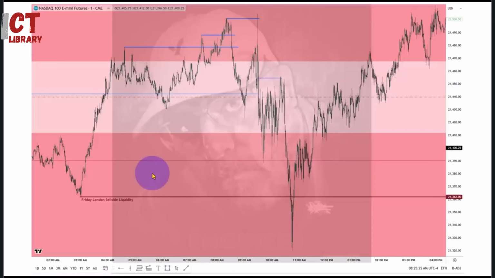And your setup might not form at that given moment, and you let it go, and you trust that you'll find another setup. Or, and this is my hope, that you'll learn a lot of the continuation patterns that I teach with PD arrays, like volume imbalances, mitigation blocks, institutional order flow entry drills, that type of thing.